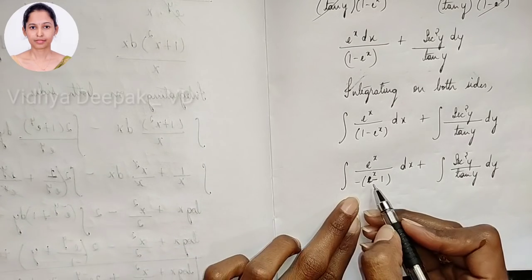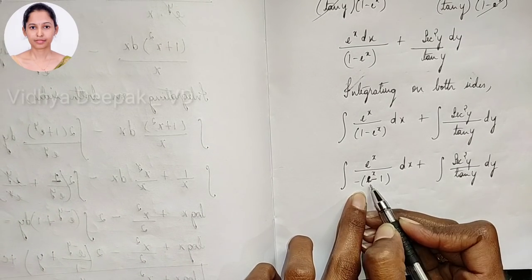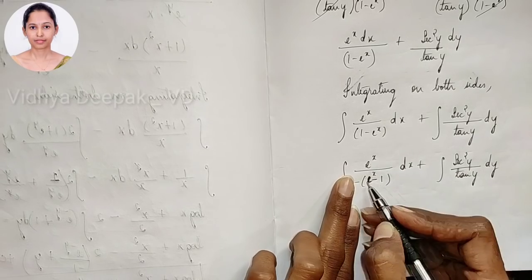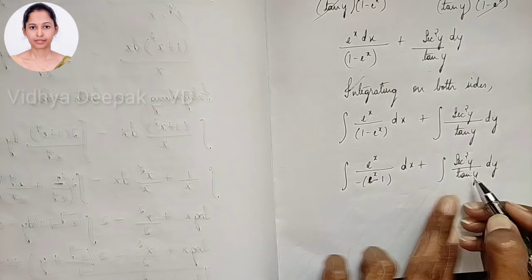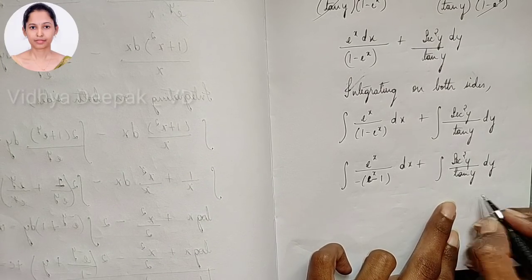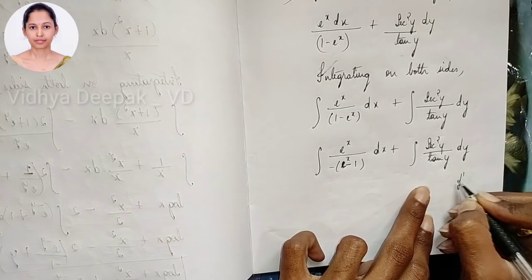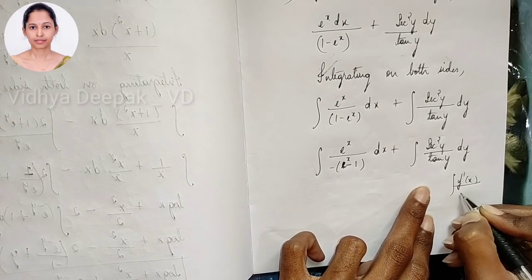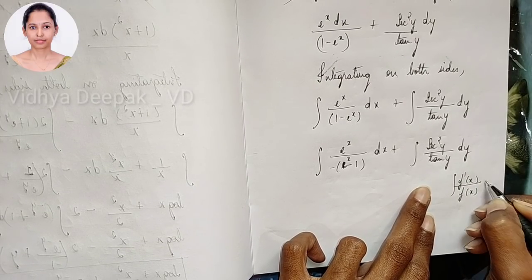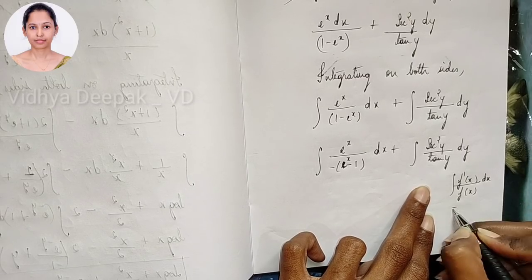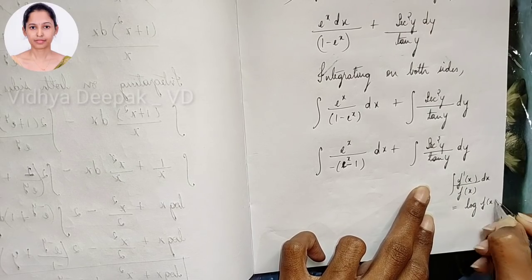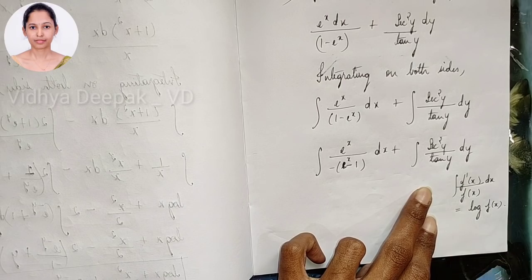Here if we differentiate e power x minus 1, what do you get? E power x, and the 1 gives 0, so we'll get e power x, right? So differentiation of the denominator is the numerator. Here also differentiation of tan y is secant square y. We have a formula: the integral of f dash of x divided by f of x, that is, when the denominator's differentiation is in the numerator, we can write this as log of f of x, that is log of the denominator.